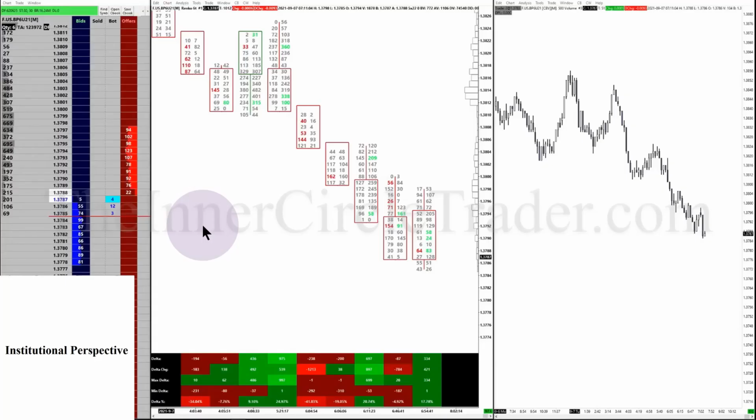So not to discourage you, but when I say institutional order flow, it's not this. So I'm not here to say this doesn't work. Okay. What I'm doing is I'm drawing a stark contrast between when I say institutional order flow, what am I talking about? In contrast to this stuff here. That's what we're going to do. Okay.